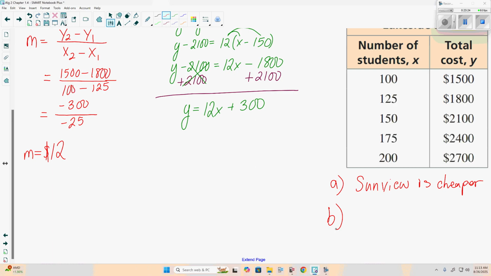Questions on how we found this equation? We feel good with these two here. Everything so far, yes? Now, did the question ask us to find that equation? What did it ask? How many students must attend for the total to be the same, yes? Looking at this equation, y equals 12x plus 300, what is standing in place of the total cost?